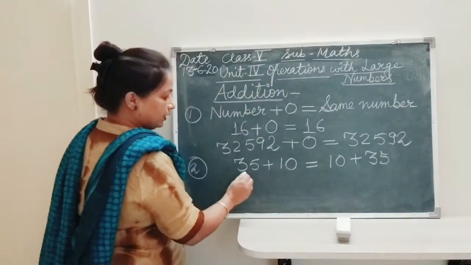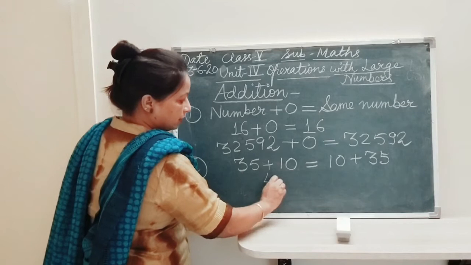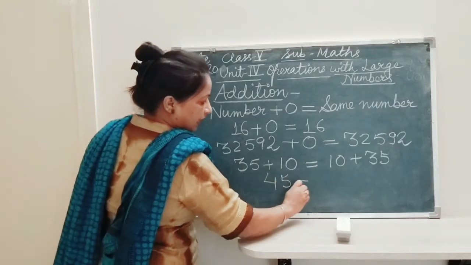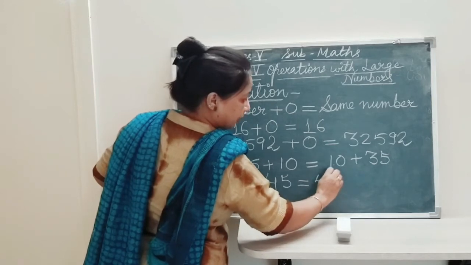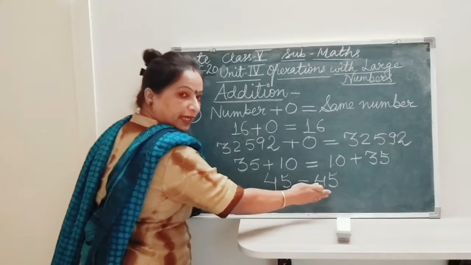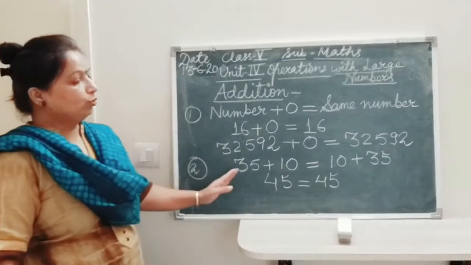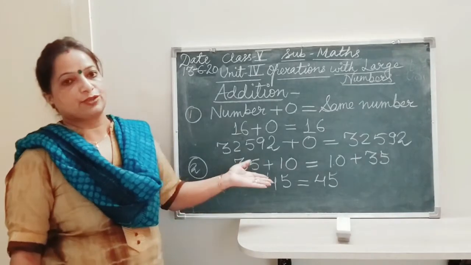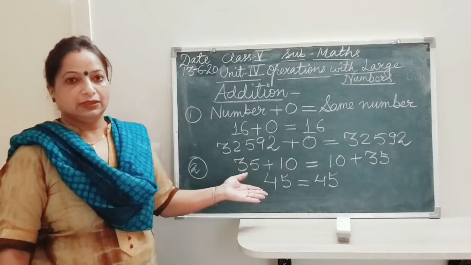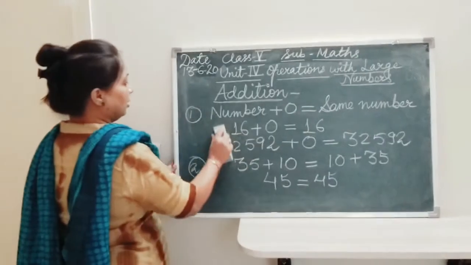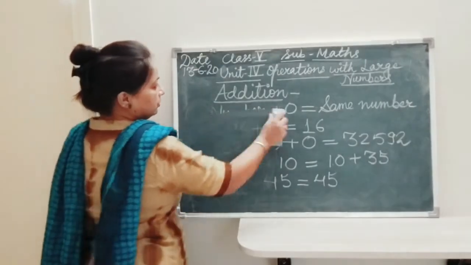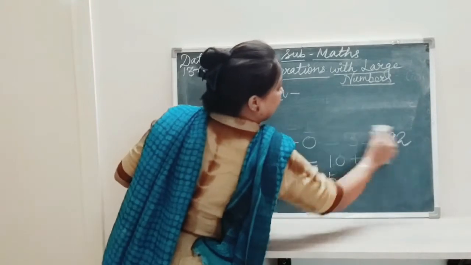As you can see over here, 35 plus 10 is 45, and if you add 10 to 35, again it is 45. So the answer will remain the same. This applies to small numbers as well as to large numbers. Clear? Now let's learn how to arrange numbers in proper columns and add.